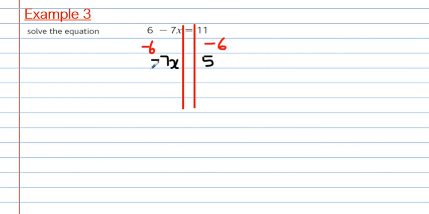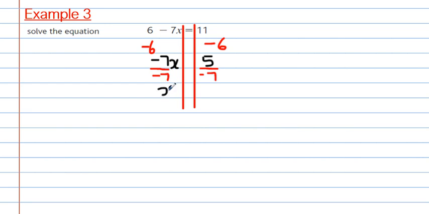Now I get rid of the coefficient of x, which is minus 7. So I divide both sides by minus 7. Then I tidy up.